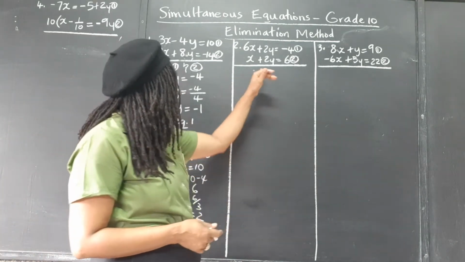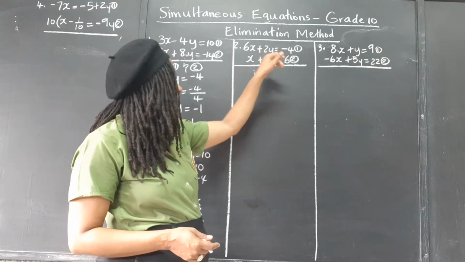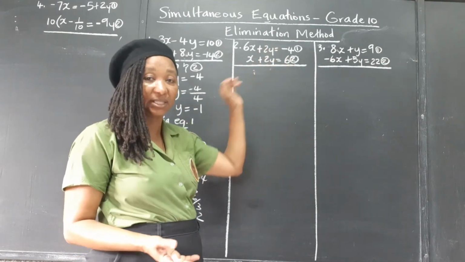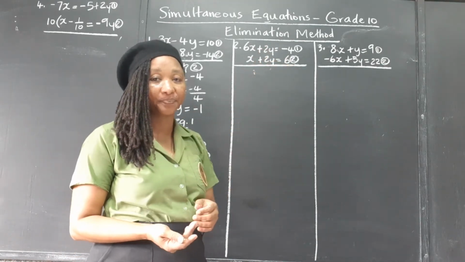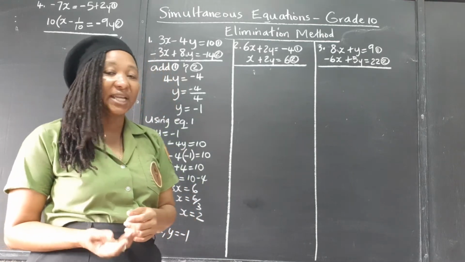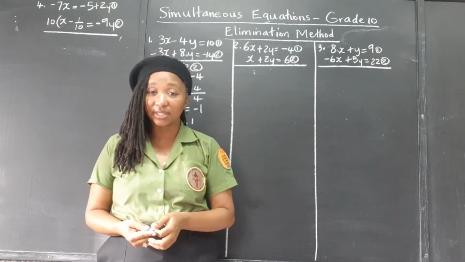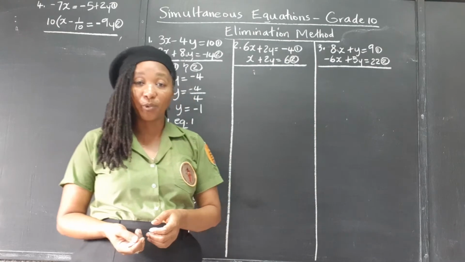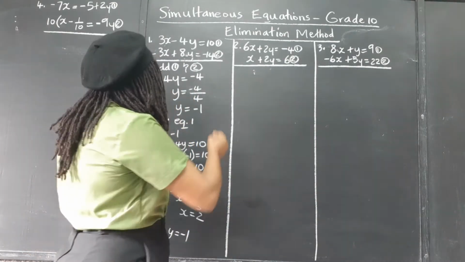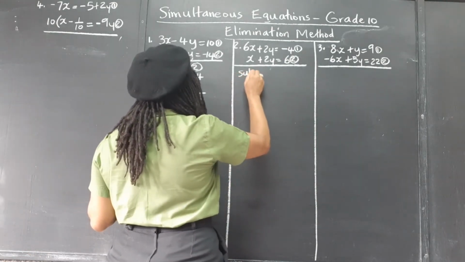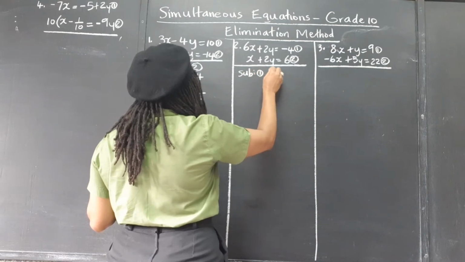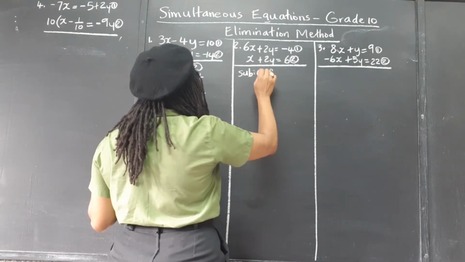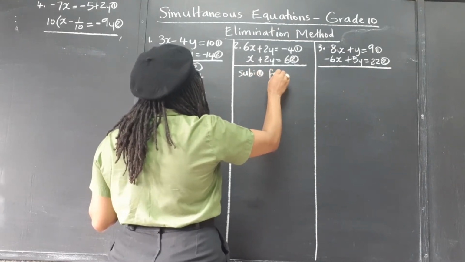Alright, so here we have two of the same coefficients. They are both positive. So if we're dealing with both positive numbers, in order to eliminate them, we need to subtract. So we're going to subtract equation 2 from equation 1.